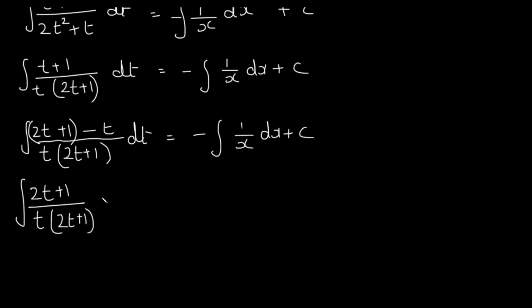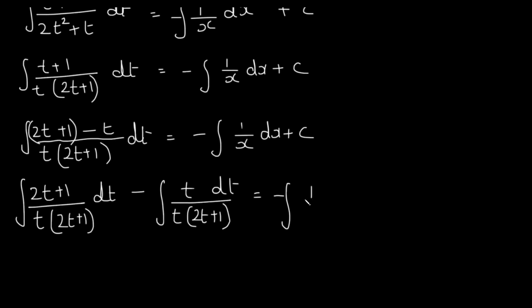All this we are doing to solve it, and the more you are thorough with your integration chapter, the more you'll understand over here. Minus integral t upon t into 2t plus 1. So we separated the denominator, we separated the terms. Okay, is equal to RHS remains the same. Till we get the answer, the RHS is going to be the same only.